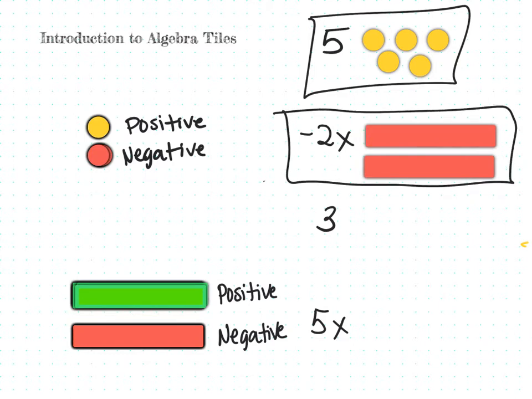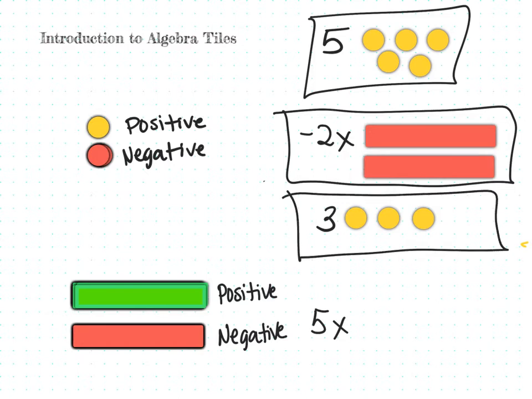The next example is +3. Now, since there is not a letter, that means that these are constants. So I would take 3 positive constants in order to model this number. Okay, the last example is 5 positive x's.